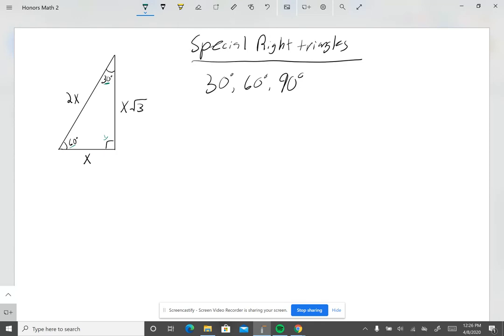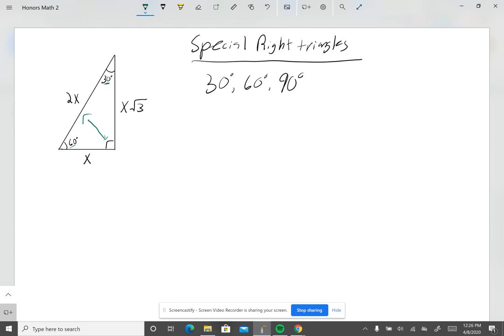Then we know the next biggest side, so the other leg, the side across from the 60-degree angle, because that's the middle angle, is always going to be x times the square root of 3. Okay, so whatever x was, it's that times the square root of 3. Then we know that the longest side, the hypotenuse, is just 2 times x, so 2 times the shortest side.